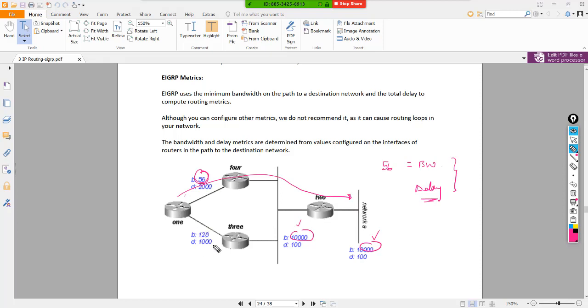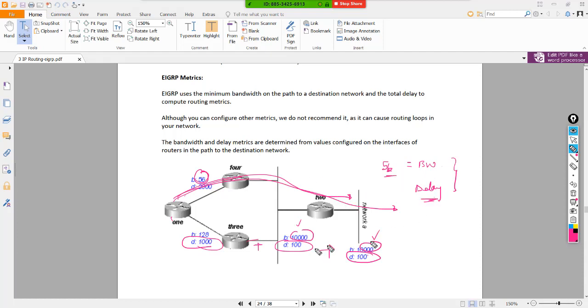This value will be added up with this delay, and then that will get added up with the last delay, that is, as the packets go from A to the destination. So in the case of delay, it's the complete sum of the total path. In the case of bandwidth, it's just one bandwidth, the lowest bandwidth.